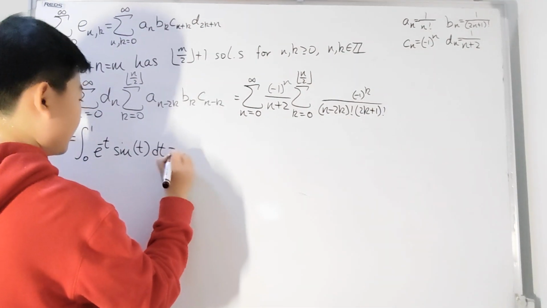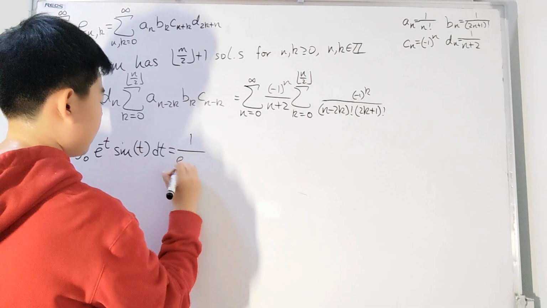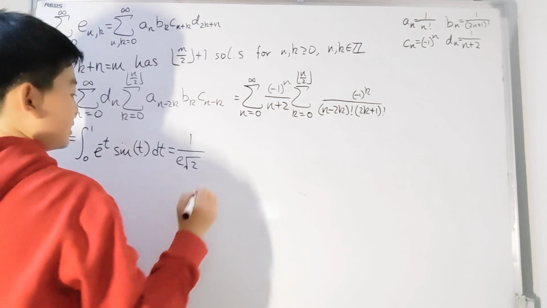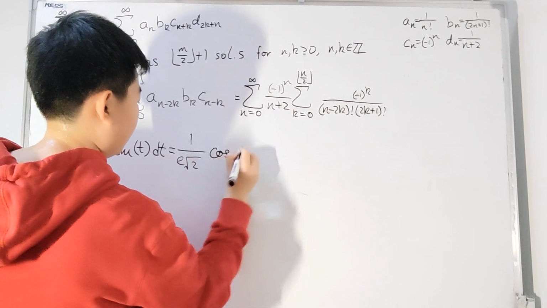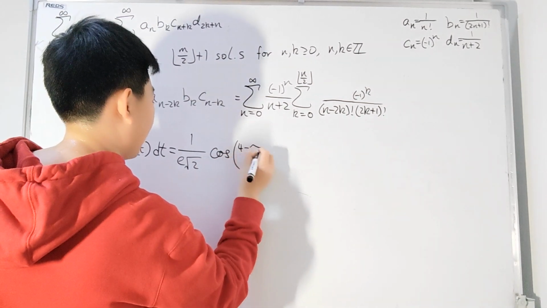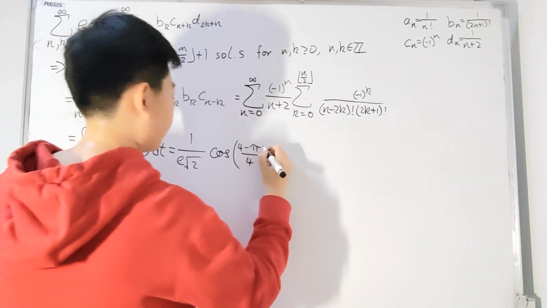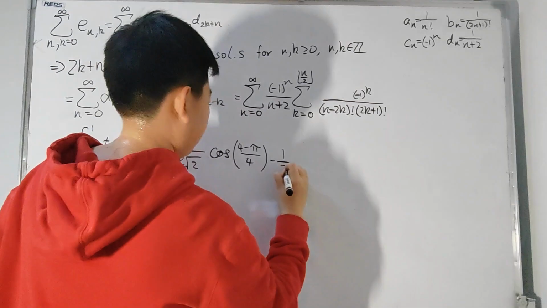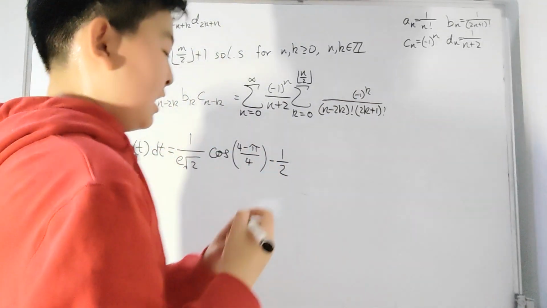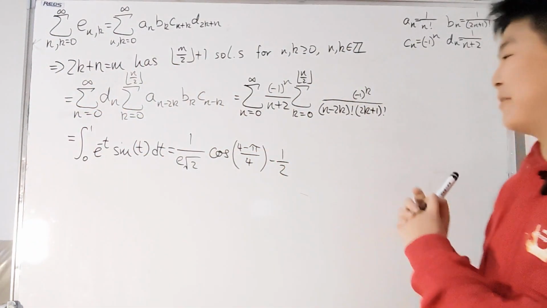And we also proved that this is equal to 1 over e times the square root of 2 times the cosine of (4 minus pi) over 4, minus 1/2. And this is our final result.